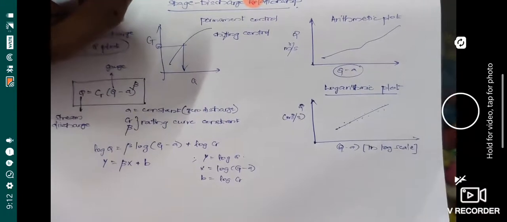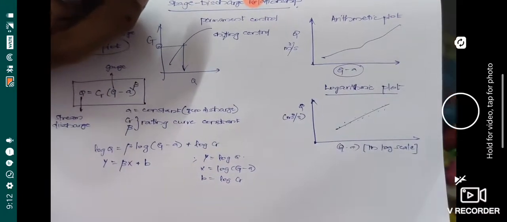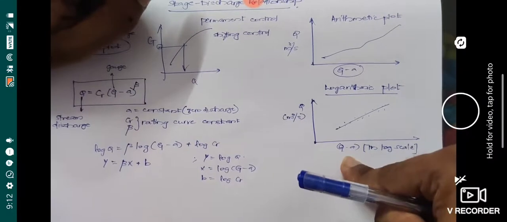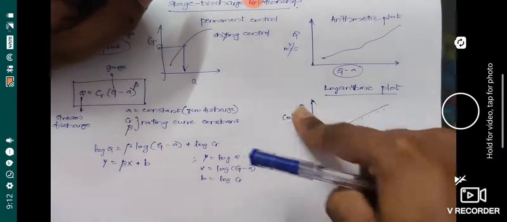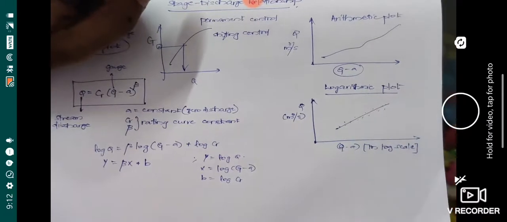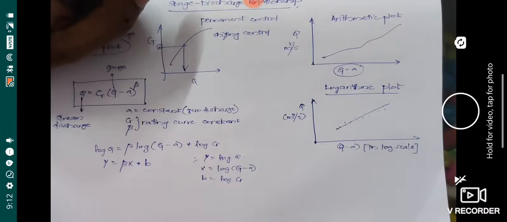So once you do the estimation, or rather find the values of discharge and gauge, you'll have a set of values and you need to fit a straight line between them. There are two variables, and you have to go for linear regression. We have already seen how to do a linear regression.